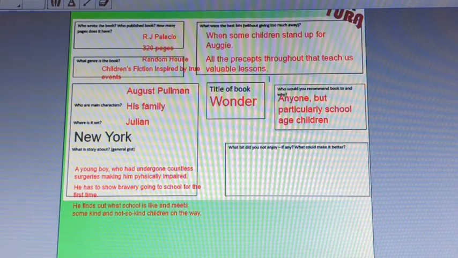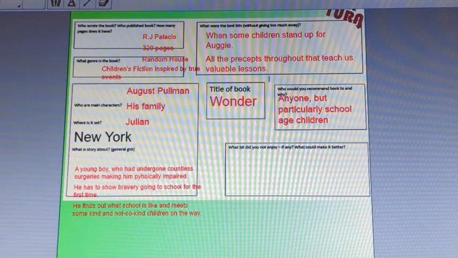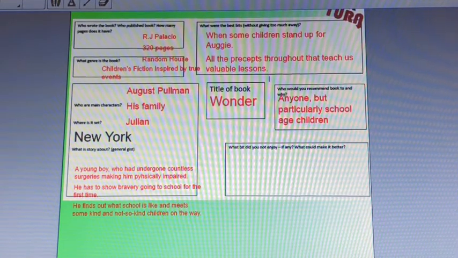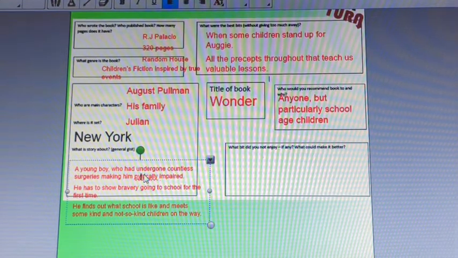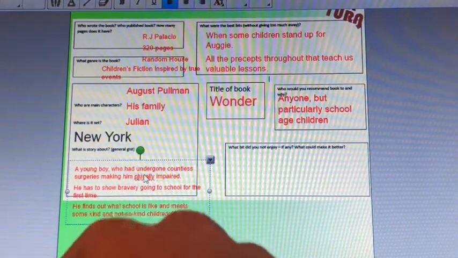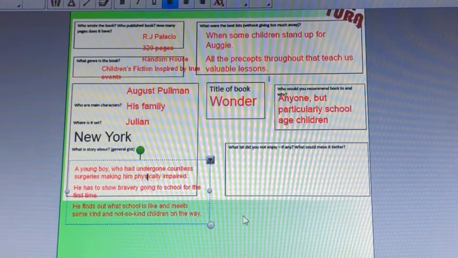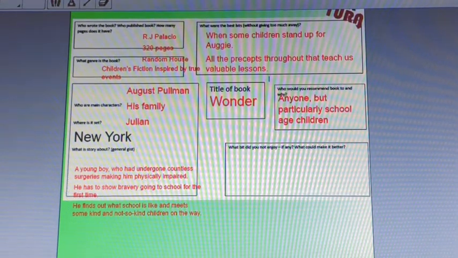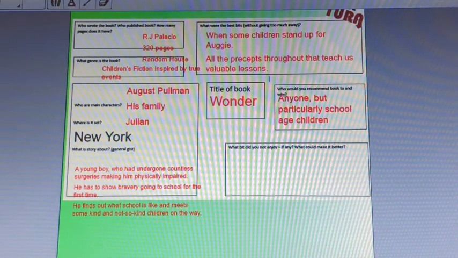I've put the general gist of the book, that he is a young boy who has undergone countless surgeries making him physically impaired.